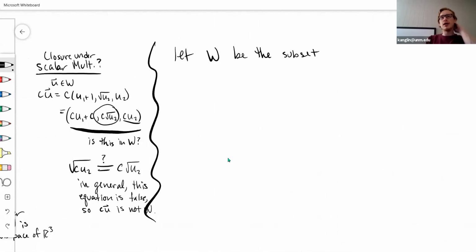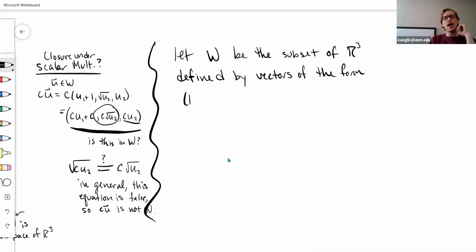Let W be the subset of R3 defined by vectors of the form square root of absolute value A, square root of absolute value B, square root of absolute value C.